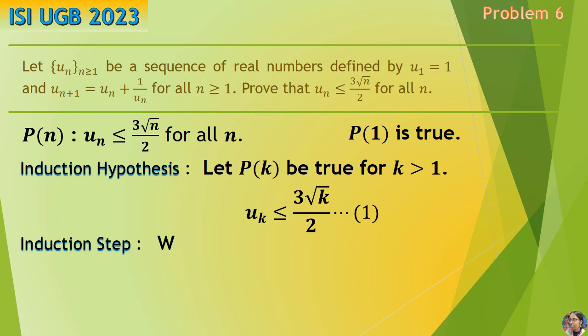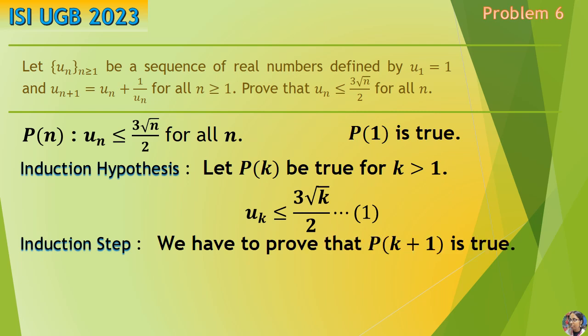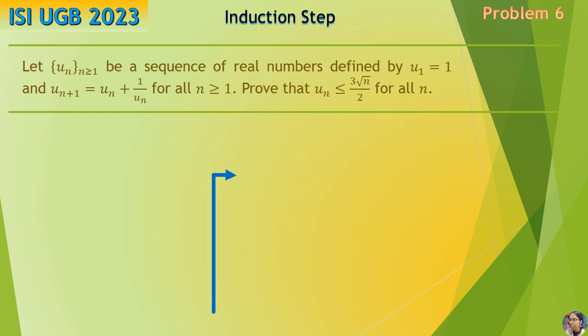Induction step. We have to prove that Pk plus 1 is true. That is, uk plus 1 should be less equal to 3 square root of k plus 1 upon 2. If not, let, if possible, uk plus 1 be greater than 3 square root of k plus 1 upon 2.